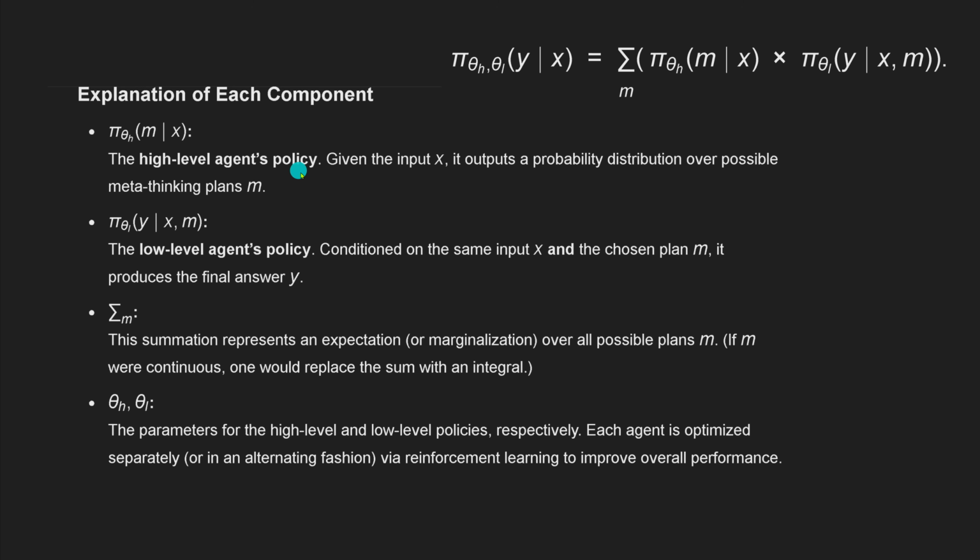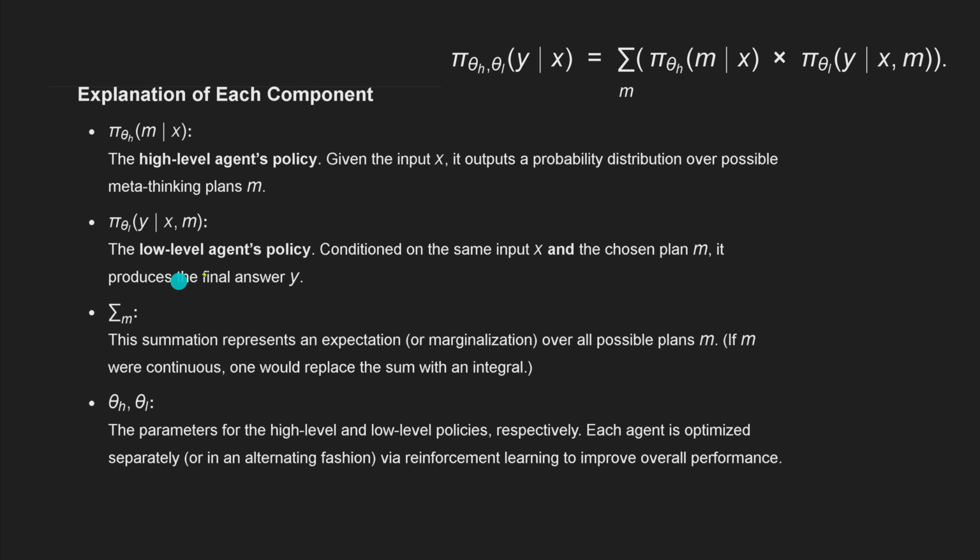So our high-level agent just creates the high-level thinking process, develops a plan, what to do, a strategy, and then the low-level agent produces a final answer given the input x and this meta thinking plan m. And then it produces y.